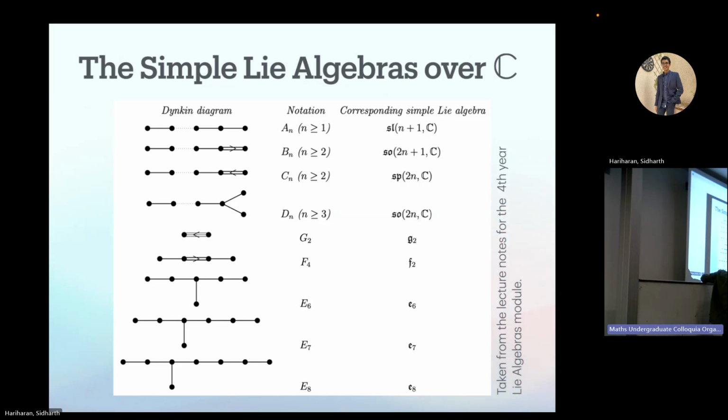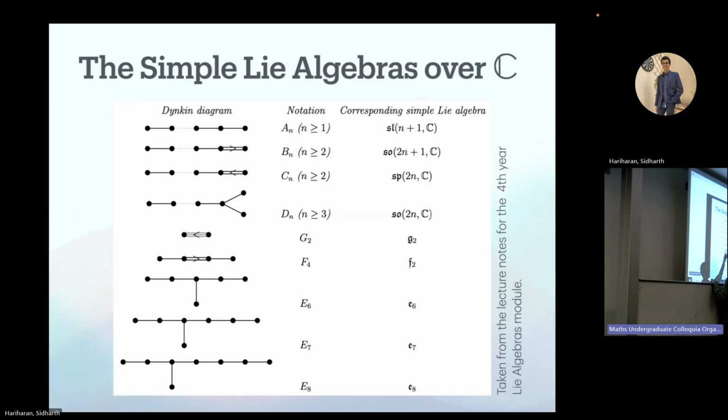So this is why you didn't see a CN in any of the previous slides. You might have noticed there was an AN, BN, and a DN. The reason you didn't have a CN is because CN and BN are almost the same thing. The only difference is that these look like Coxeter graphs, but they are called Dynkin diagrams. There's a subtle difference between Dynkin diagrams and Coxeter graphs.